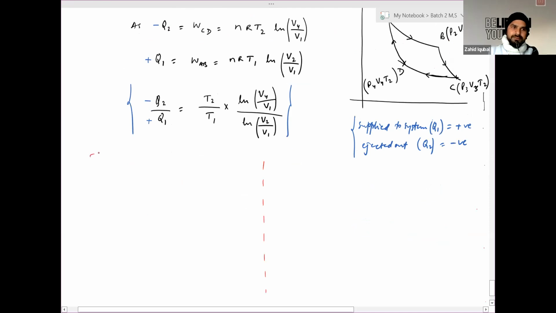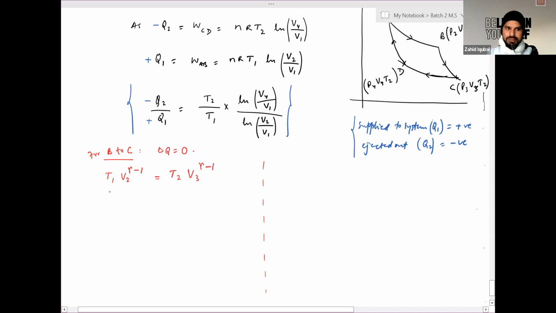Now for path B to C, along adiabatic expansion, delta Q equals 0. According to the adiabatic process, for temperature and volume, it will be T1 V2 to the power gamma minus 1 equals T2 times the volume at point C, V3, to the power gamma minus 1.